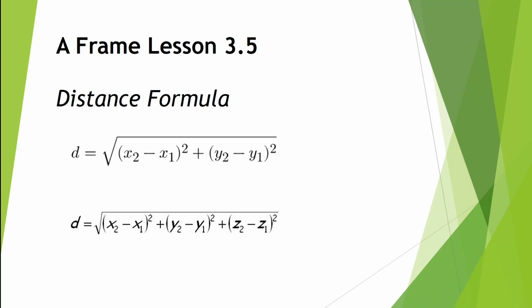Typically in a math class, you would have explored it using the XY coordinate system, but because this is a virtual world, we add the extra Z value to it. Because we're not necessarily moving things up and down, we can take the middle part out because there won't be a change in the Y's. Everybody's going to exist in the same Y plane. So we're going to resort to just the change in X and the change in Z.